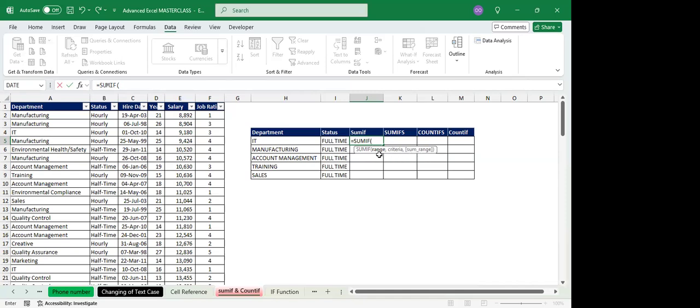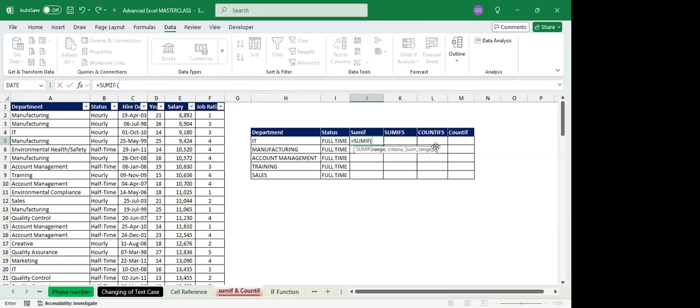Are you with me? Now, what do I want to do? I want to sum. You understand? I am going to select all the numbers that I want to sum.